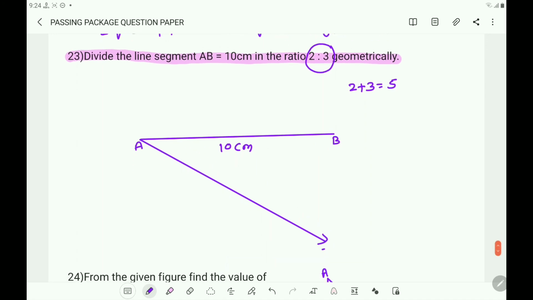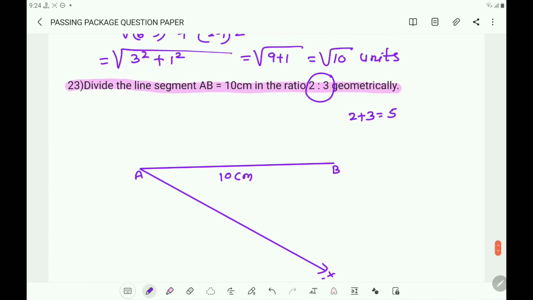Name it as AX. So make 5 equal parts. This is A1, A2, A3, A4, A5.